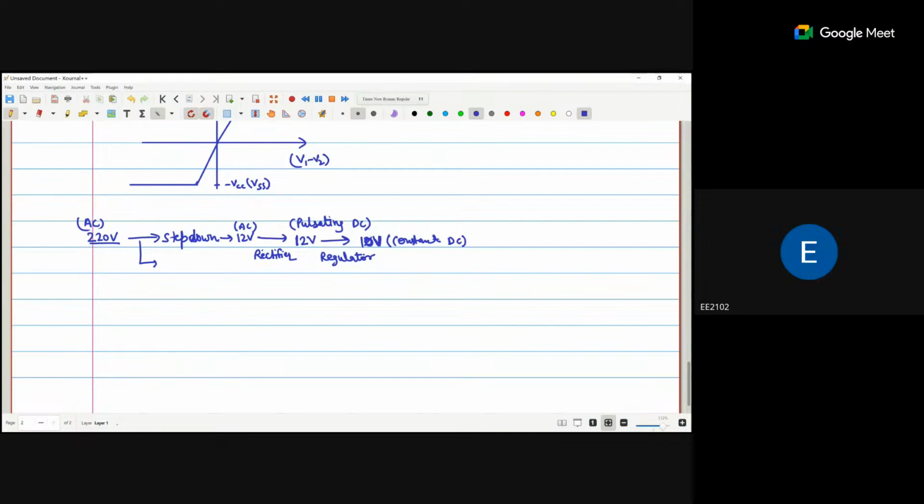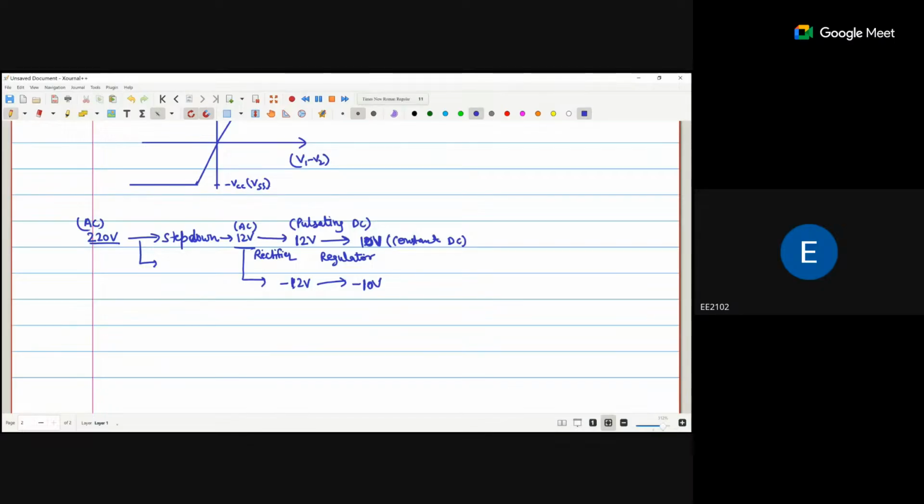Now again you require a minus 10 volt also. Till the AC, fine. After that you require a rectifier that converts to minus 12 volt, which is pulsating. Then you require a minus 10 volt by a regulator. So you require two different circuits to generate plus 10 volt and minus 10 volt.